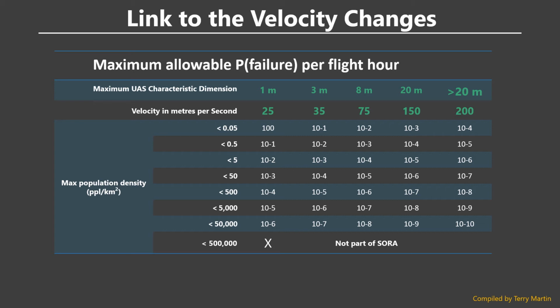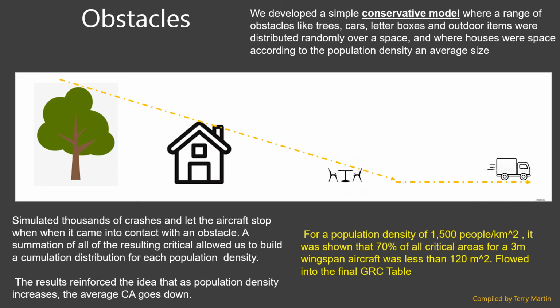And down the left-hand side, we've got some nominal population values, but they get modified, and you'll see how that's done in later slides. What we found after crunching all the maths and populating the tables is it still was quite conservative.